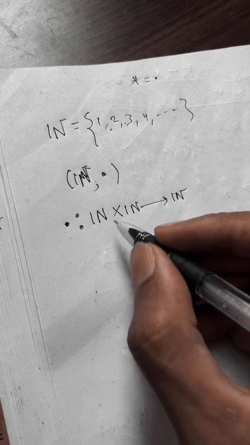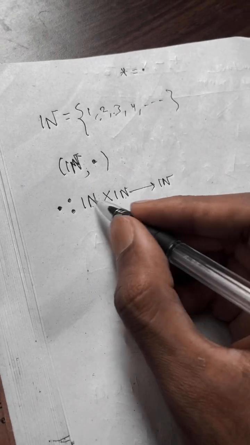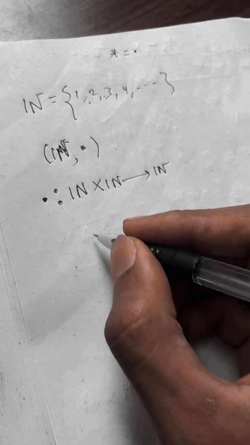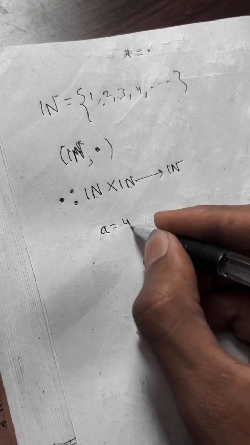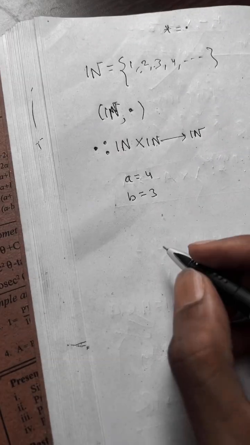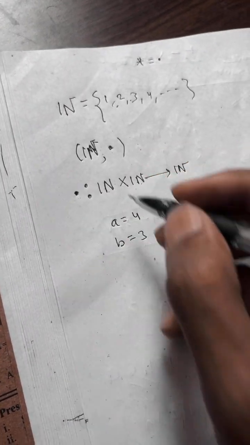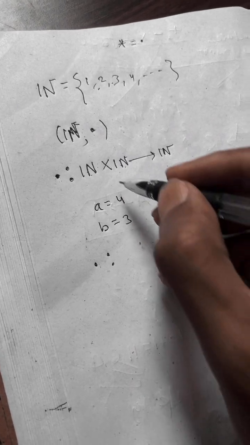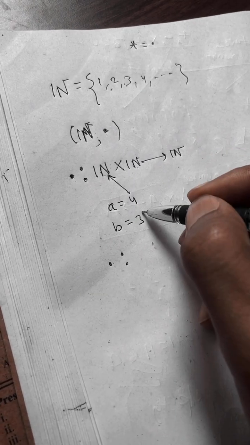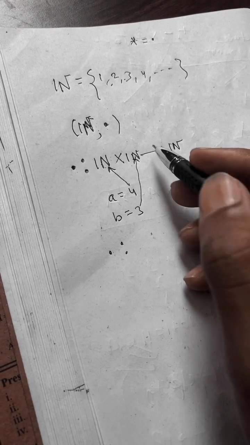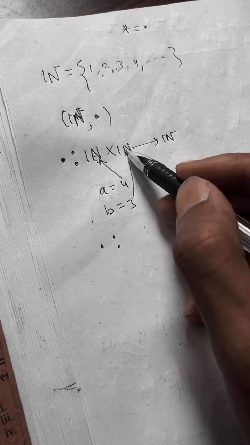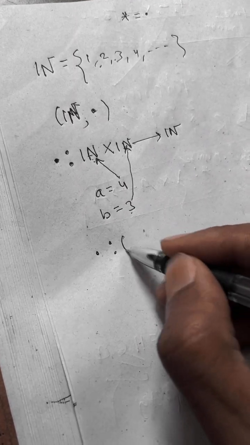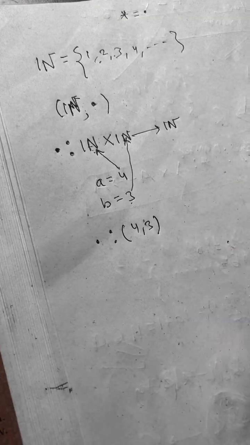Take an example. We have to take two elements. N cross N means two elements from here. Let's say A equal to 4, B equal to 3. So we have two elements, 4 for this one, 3 for this one. We chose two elements from the same set. Now cross product means make an ordered pair of this, so let's say 4 comma 3.